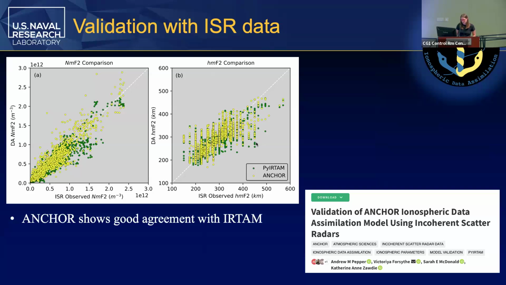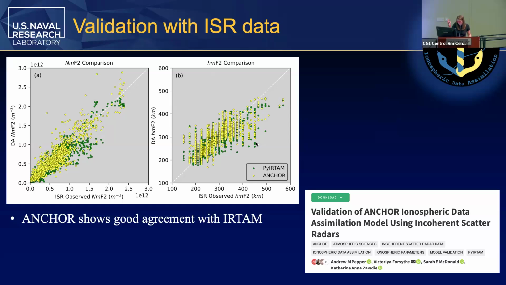We compared our results with IRTAM, or we used PyIRTAM, which is also an extension of PyIRI software. And so these plots show green points are PyIRTAM in comparison to ISR data, and yellow are Anchor in comparison to ISR data.